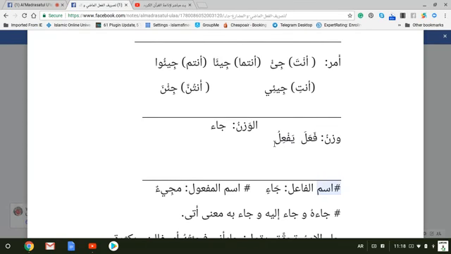And this pattern here ends with kasra on the second radical, the ayn. The ayn has kasra.